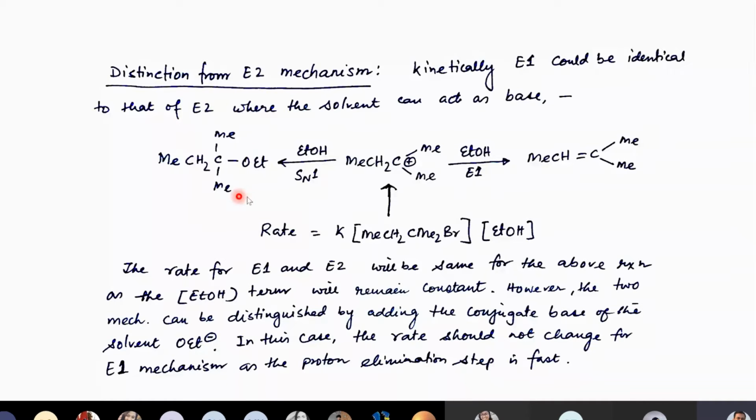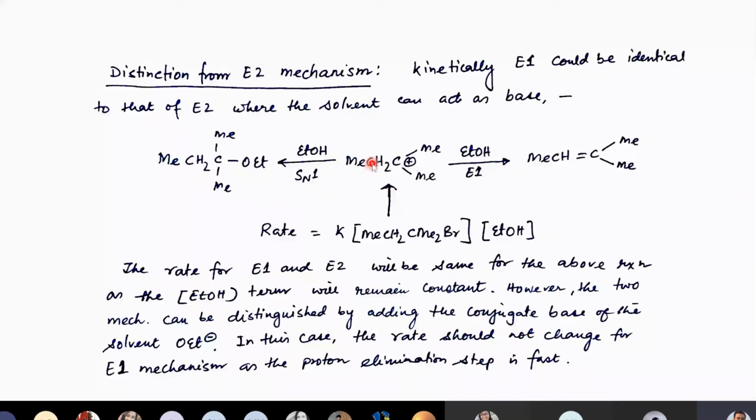For example, let's look at this equation. So first, maybe there was a leaving group here, like a bromine, it has left. So you get the carbocation intermediate like this one. Okay. Now this one has two possibilities. One, the solvent which can act as the base, it leads to the E1 mechanism to form this kind of olefin.